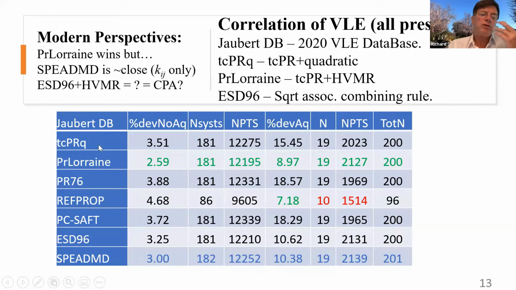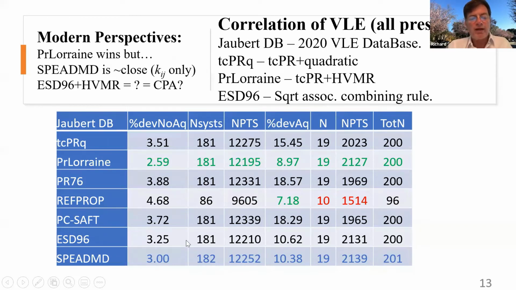And so I had to give two names to this same equation of state for pure fluids. And you can see for non-aqueous systems, not too much of a difference. I would say that this PR Lorraine method, because it's getting the vapor pressures right, the DLE of the pure fluid right, has an advantage.